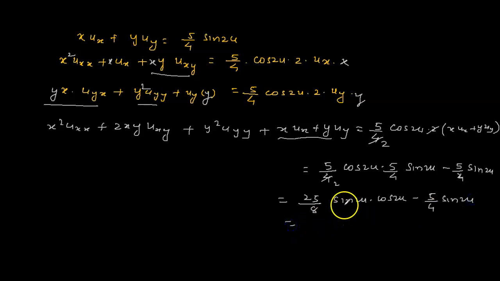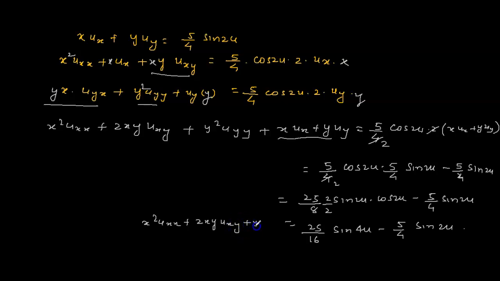So if we multiply by 2 and divide by 2, it becomes 25 by 16, 2 sine into cos is sine of 4u, minus 5 by 4 sine of 2u. So this is equal to x square u of xx plus 2xy u of xy plus y square u of yy.